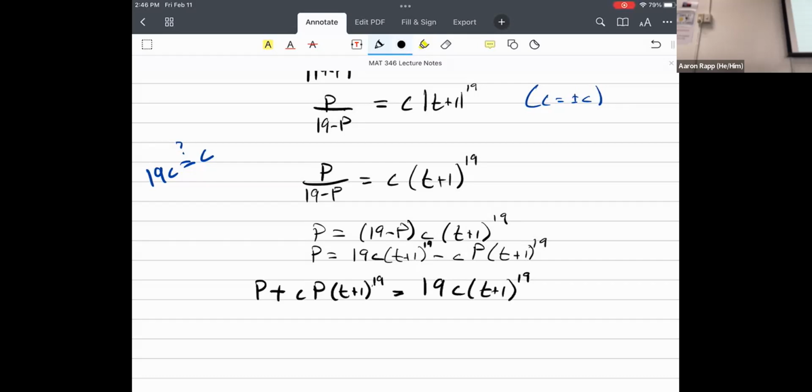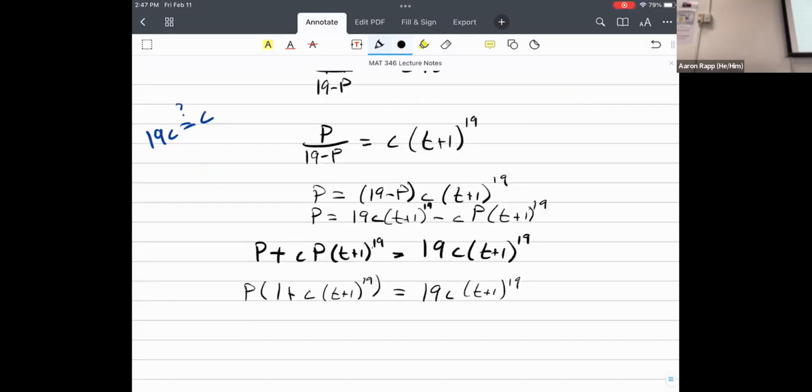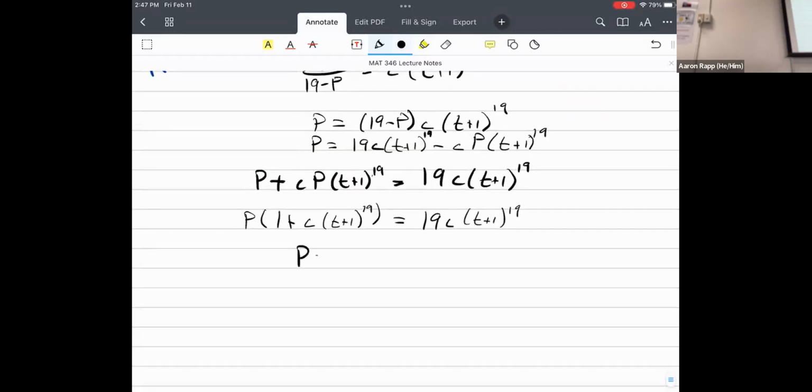And now I'm close to being done because on that left-hand side, they both have a common factor of what? P. I can factor that out. And then divide by that term to get my solution.